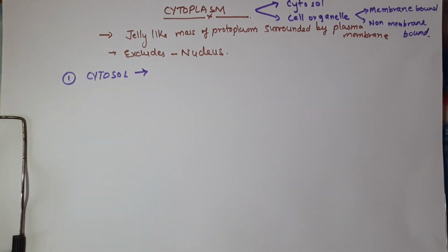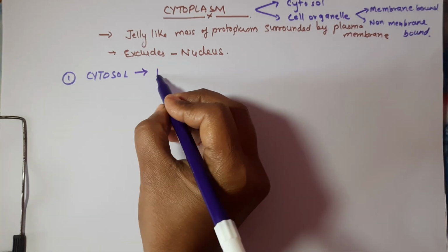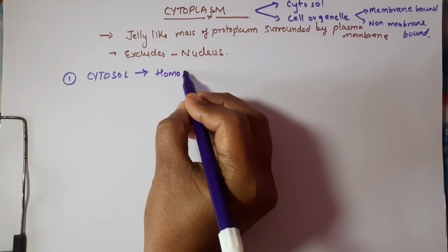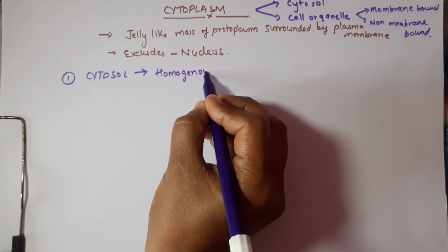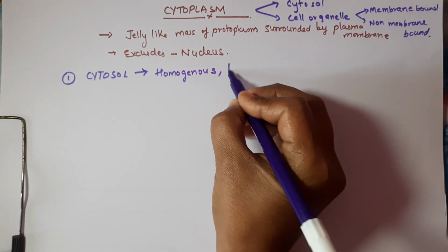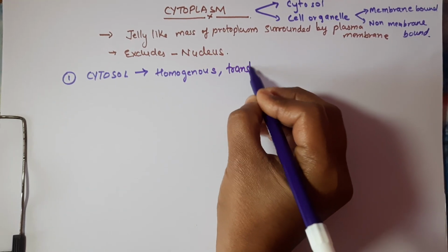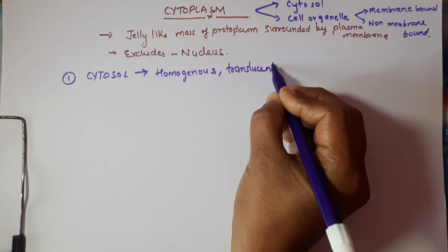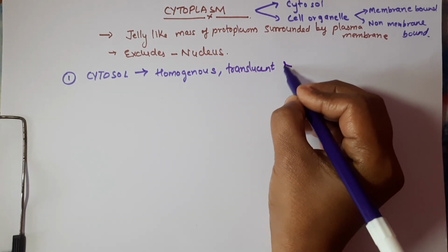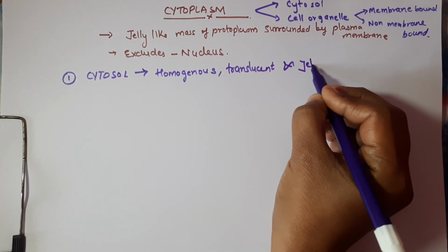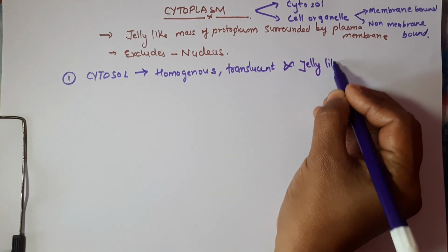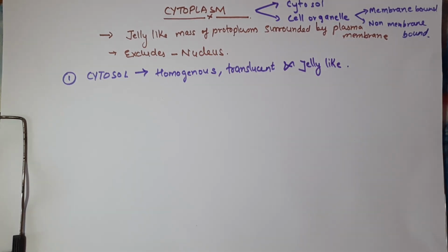So what are the characteristics of the cytosol? Cytosol is basically homogeneous, translucent, and jelly-like in consistency.